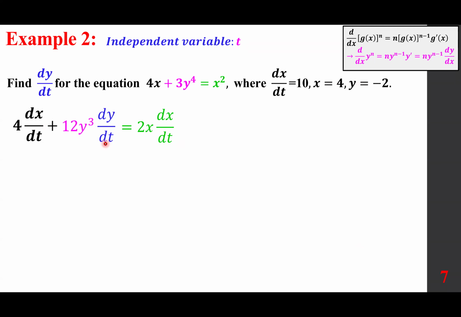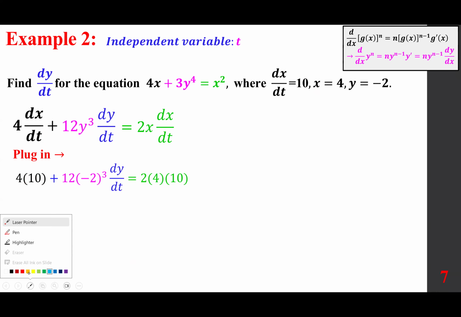So first, it's easy, just plug in. 4 times dx/dt is 10, plus 12 times y, which is minus 2, cubed, dy/dt is missing, equals 2 times x, which is 4, times dx/dt, which is 10. So plug in. That's one way to do it. 2 times 4 times 10, this is 80. 4 times 10 is 40.